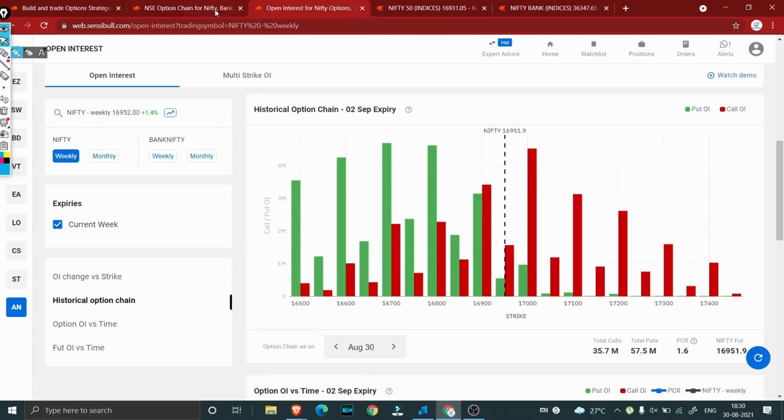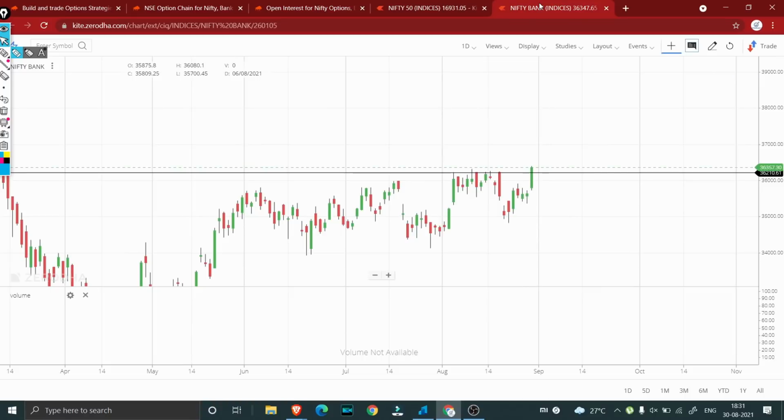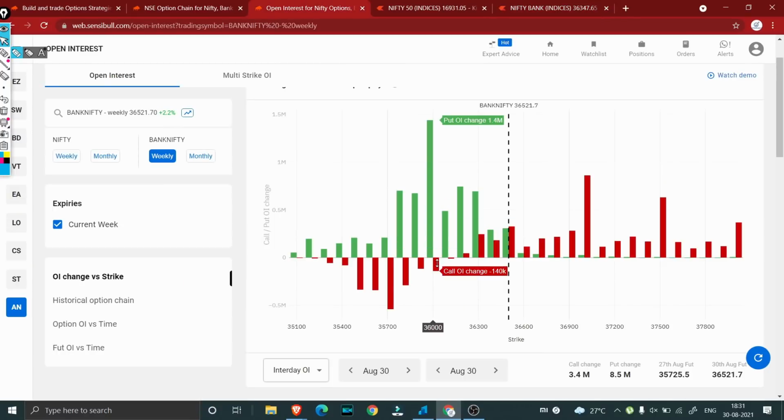So if I come to Bank Nifty OI, today itself there is some very strong put writing happening, and Bank Nifty has not just shot up, but it has shot up with some very strong put OI build-up. You can see that at 36,000 there are 1.4 million contracts added, and there is strong unwinding happening across from 35,300 all the way up to 36,100.